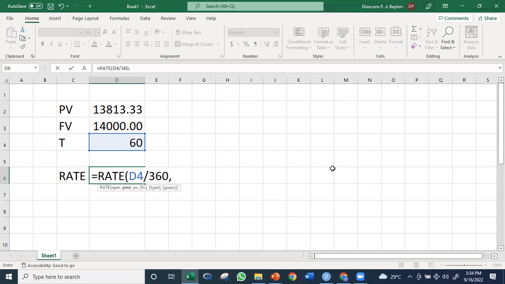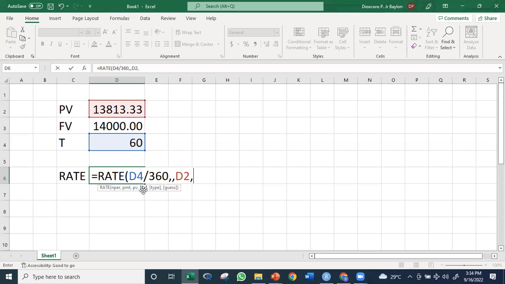Comma, PMT. Kaya nga I didn't want at the moment yet to introduce this to you. PMT is just an annuity. So hindi pa natin kinukuha ang annuity. Then your present value is this one. Okay. So since it's a loan, this is positive, as you will receive that now.